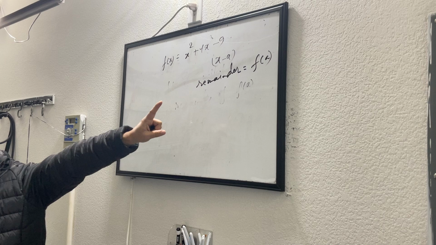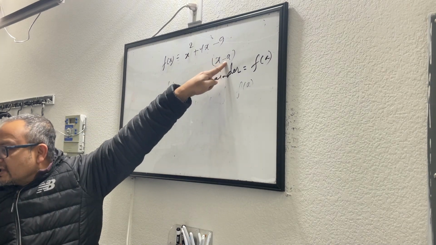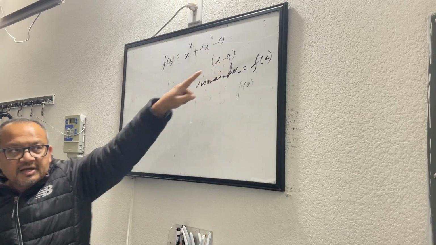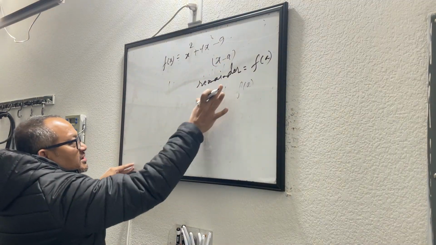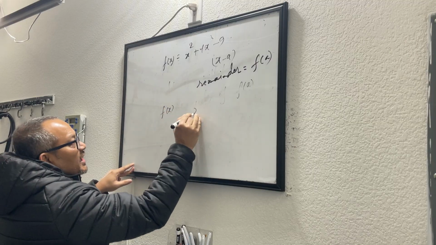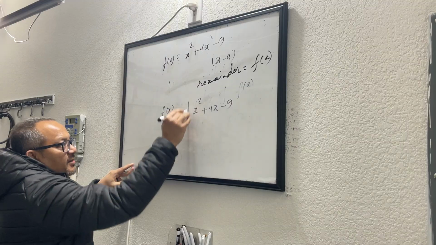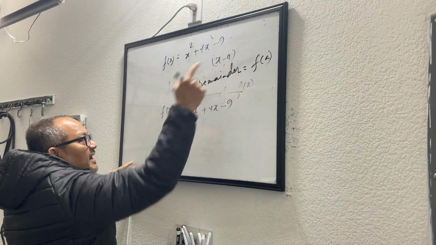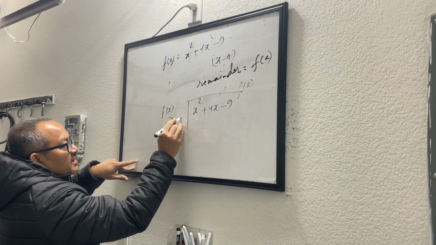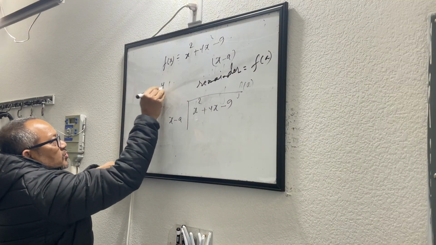And again, this is still looking cryptic. So let's put some value, let's say here a is equal to 4.